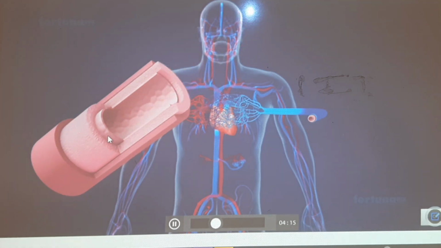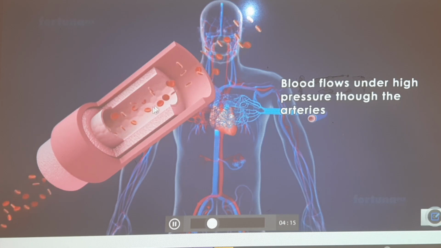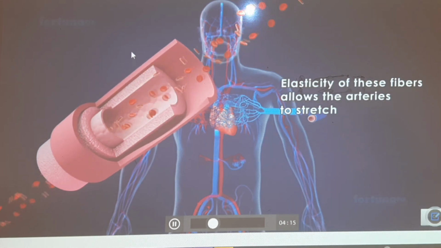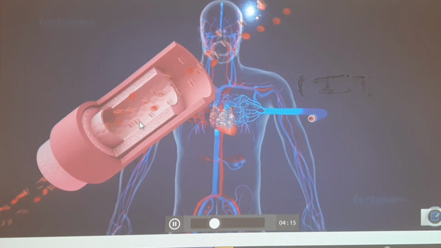And why is the outer wall of the artery elastic? Why does it expand and contract? Because blood flows through the artery with high speed and high pressure.